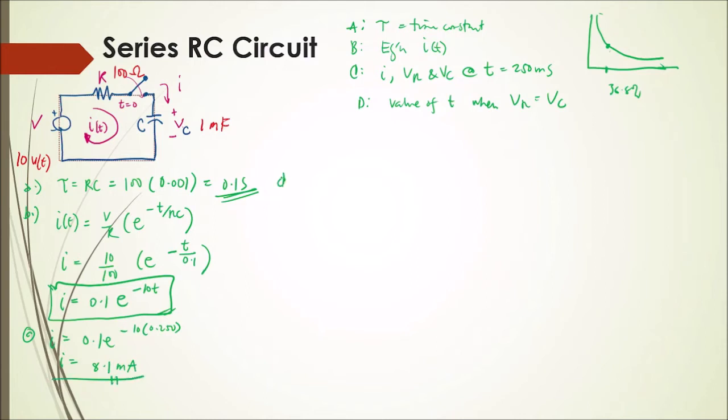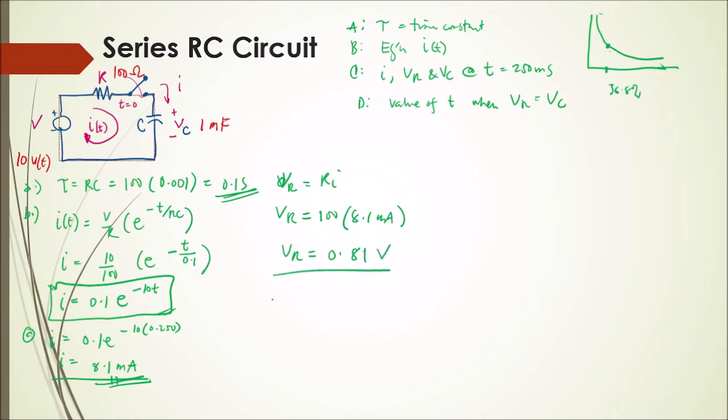We're looking for VR. VR is equal to RI, where our I is this one, at the same time. So, straight to it, 100 times 8.1 milliamperes. So VR is equal to 0.881 volts.